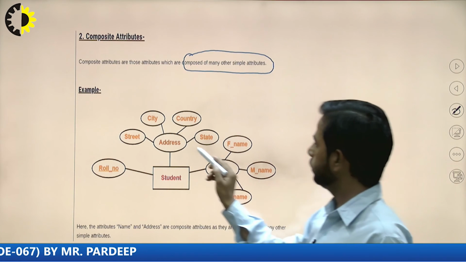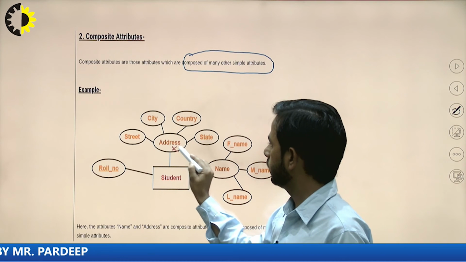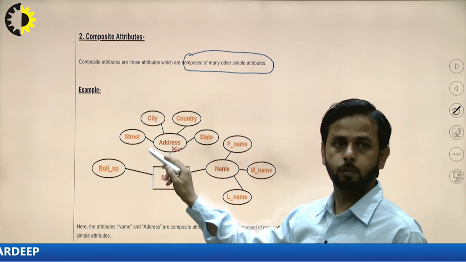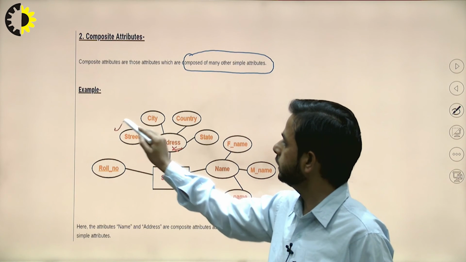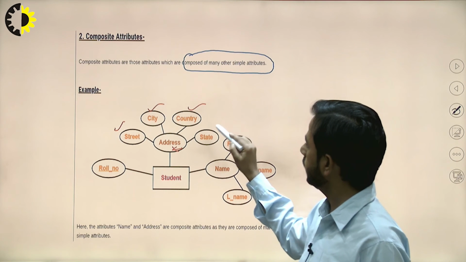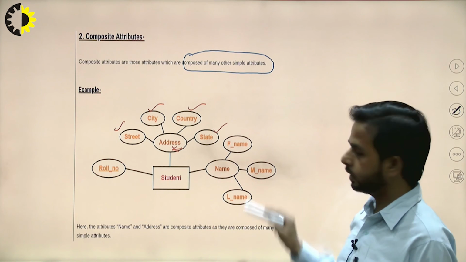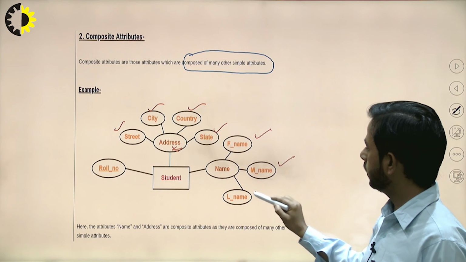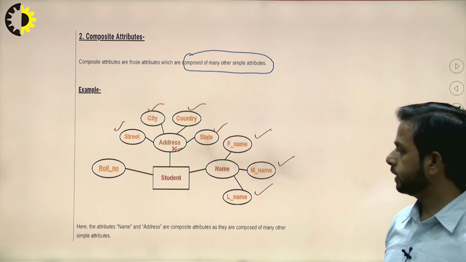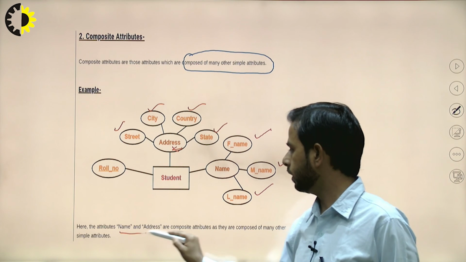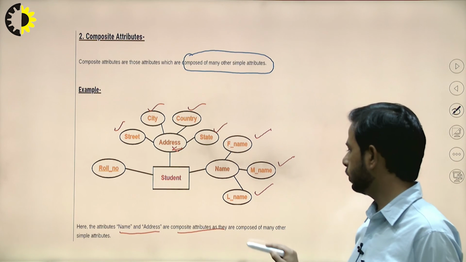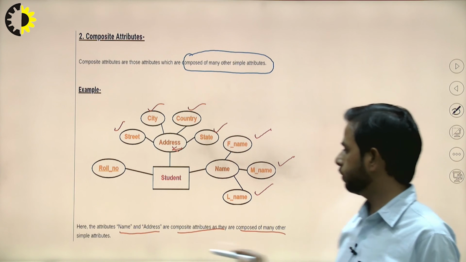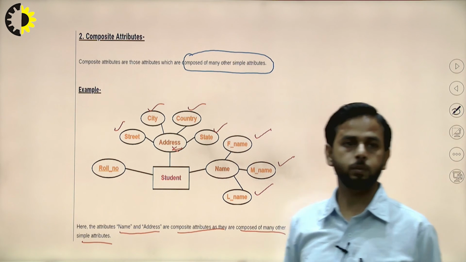This address is composed of street, city, country and state. Similarly, name is composed of first name, middle name and last name. So the attributes name and address are composite attributes as they are composed of many other simple attributes.